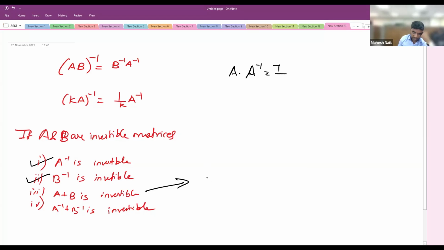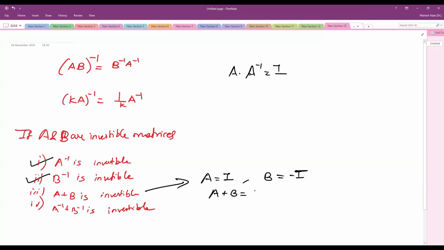So in this case, if I choose my matrix A to be I, and if I choose my matrix B to be minus I, right? So what will be A plus B? Null matrix. Is it invertible?